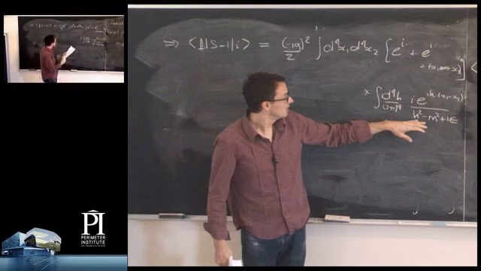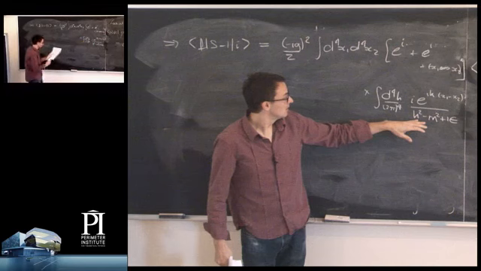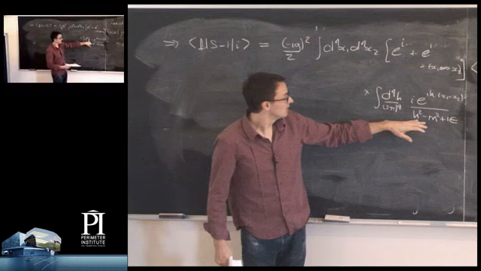Then we do the x1 integral to get a delta function, and we do the x2 integral, and we also get a delta function. So we get two delta functions from doing these two integrals, and we're left with this. And then, of course, one of those delta functions allows you to do this integral.